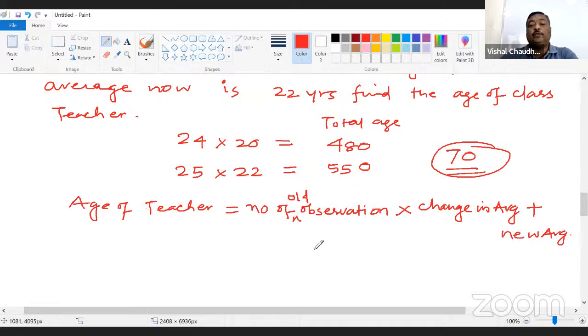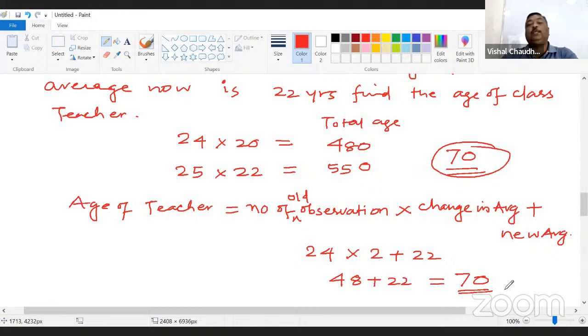Now, what is your number of old observations? It is 24 because there were 24 students. What is your change in average? From 20 it became 22, so 2. Plus what is your new average? New average is 22. So 24 times 2 is 48 plus 22, and that is your 70. Is it clear?